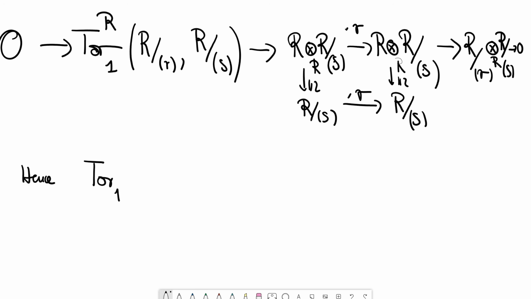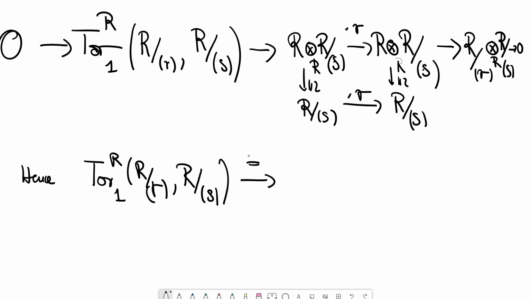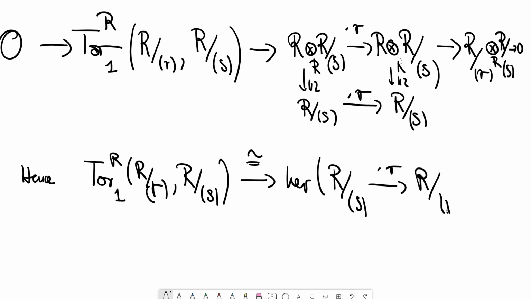So hence Tor is isomorphic to this kernel. And this is isomorphic to this by a small exercise that I leave to you.